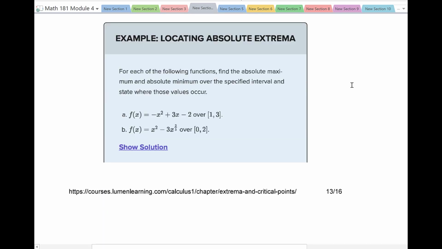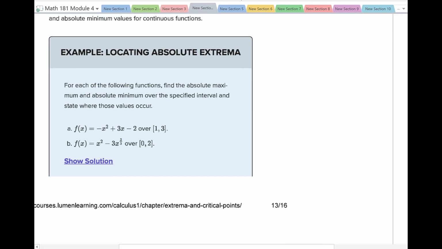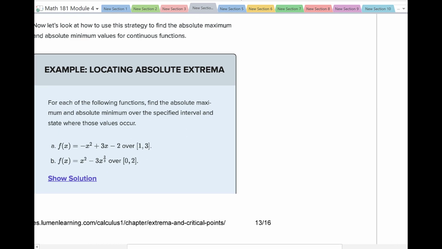Another example. For each of the following functions, find the absolute max and min over the specified interval and state where those values occur. So we have f of x equals negative x squared plus 3x minus 2 over [1, 3]. So let's look at part a here. Our f prime of x is going to be negative 2x plus 3.